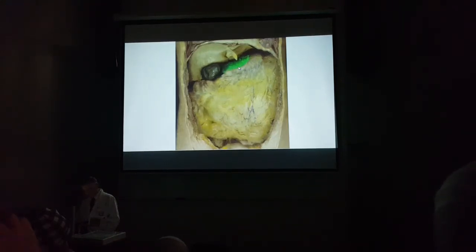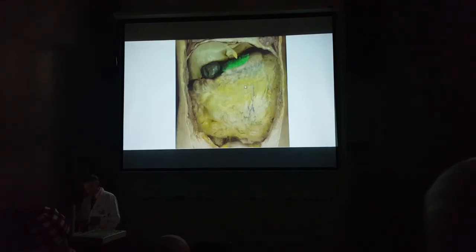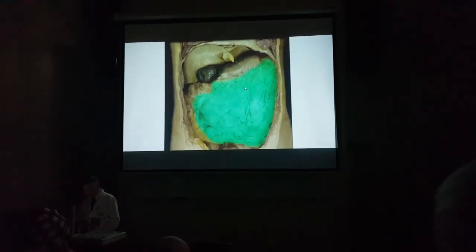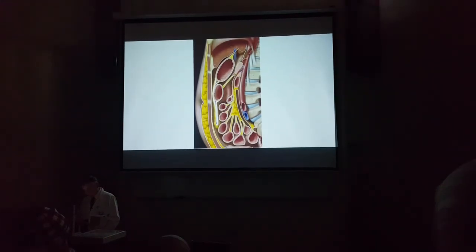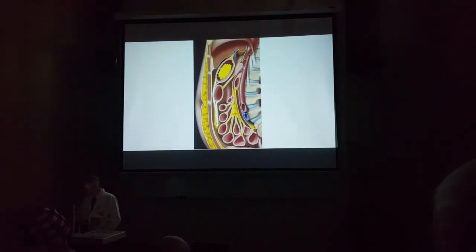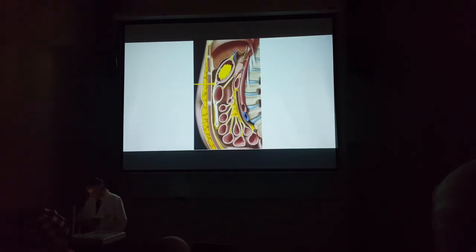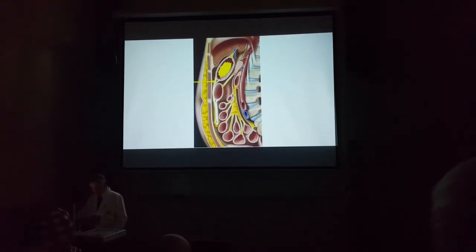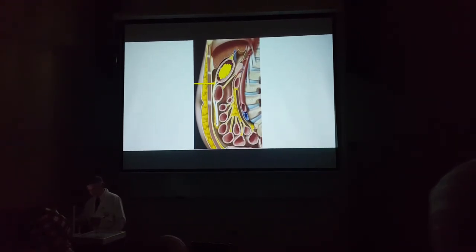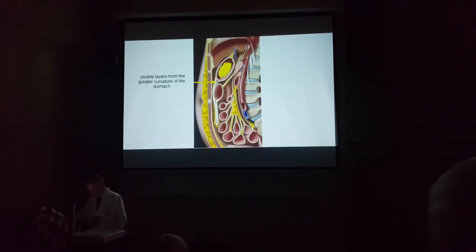This is marked green because this is the stomach. Now we look into this huge curtain along the greater curvature of the stomach, covering most organs. This is marked green. Which organ is this? This is the stomach. A double layer of peritoneum, one from anterior, one from posterior, through the greater curvature of the stomach.